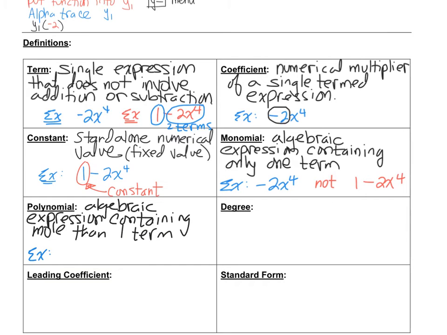So, in this case, 1 minus 2x to the fourth would be a polynomial, but not just the negative 2x to the fourth. There's many, many examples of monomials and polynomials. I'm just bouncing back and forth between these two. This has more than one term, so it's a polynomial. This one only has one term, so it's a monomial.